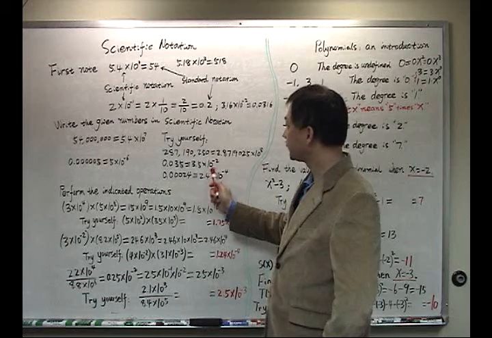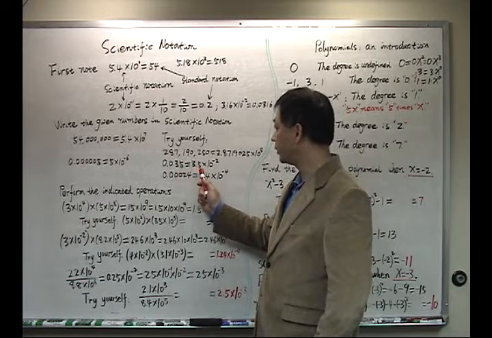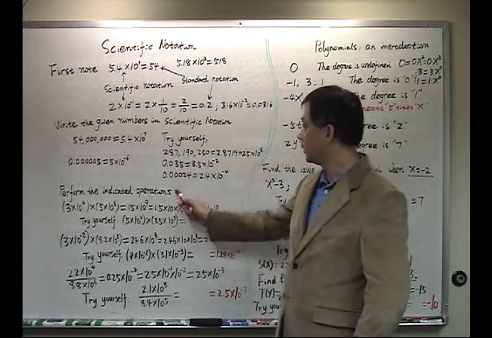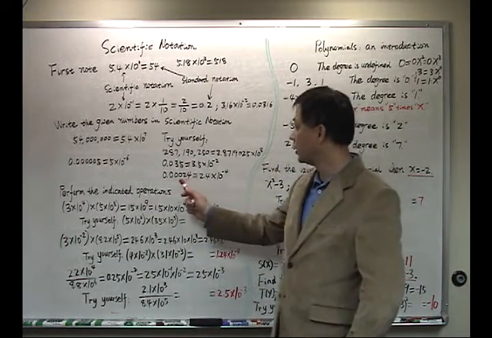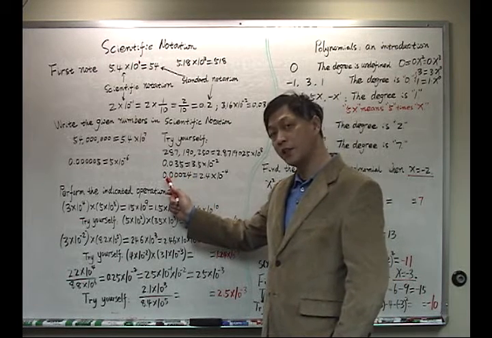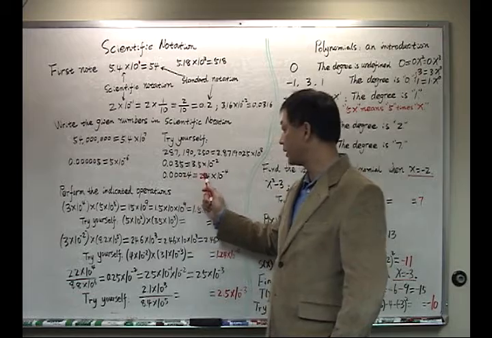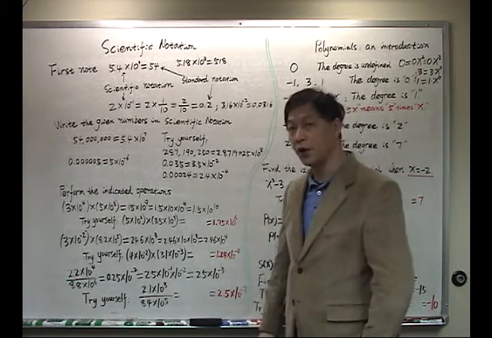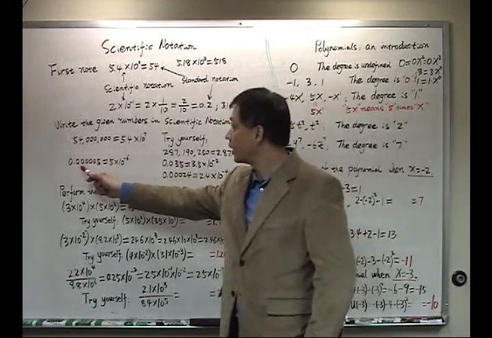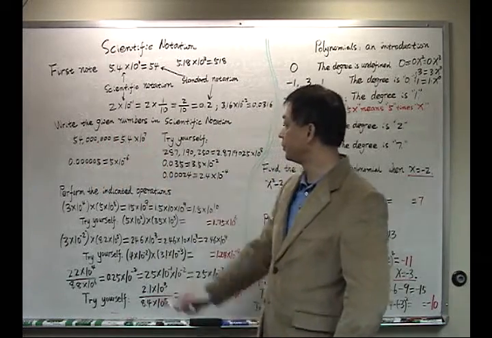Similarly, right here, you move 1, 2 digits to the right, you have 3.5, then it should be 10 to the negative 2. And then try this one yourself also. Here is 0.00024, so you need to move this decimal point 1, 2, 3, 4 digits to the right. And then here you have a 10 to the negative 4th. Alright, so this is the way, given a number, to write it in scientific notation.